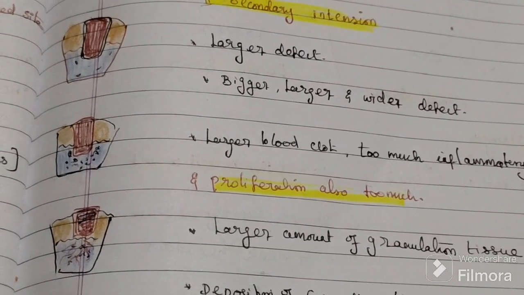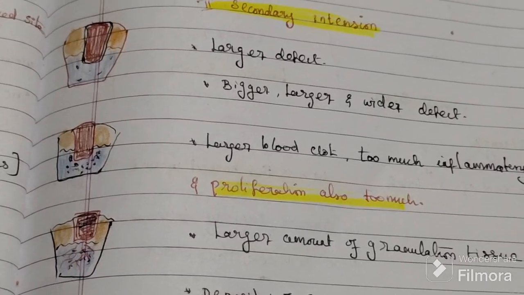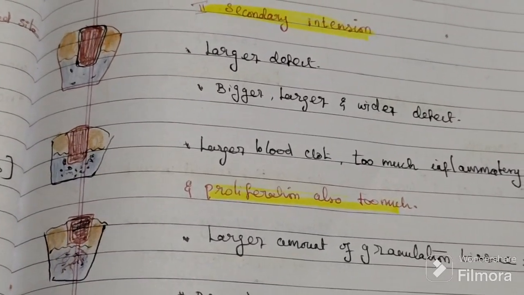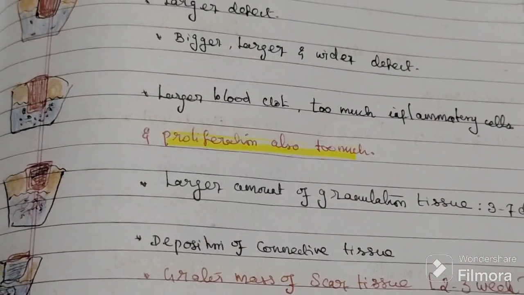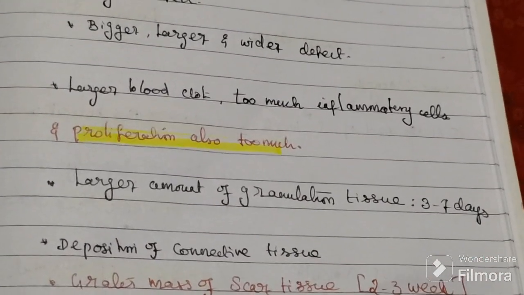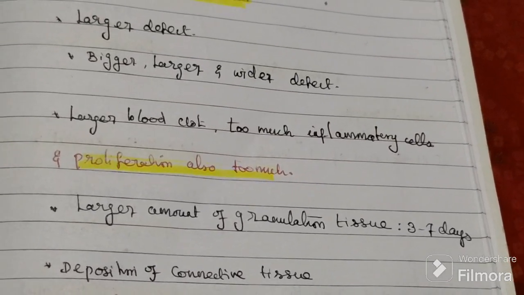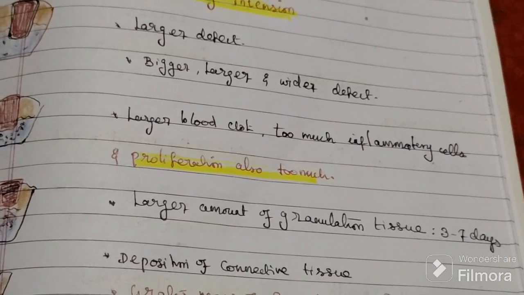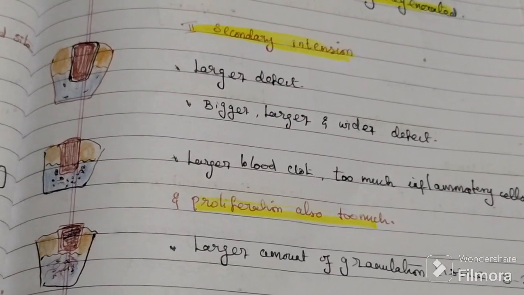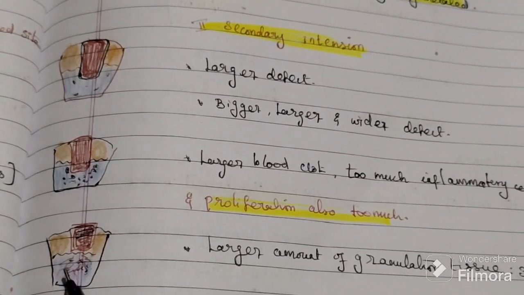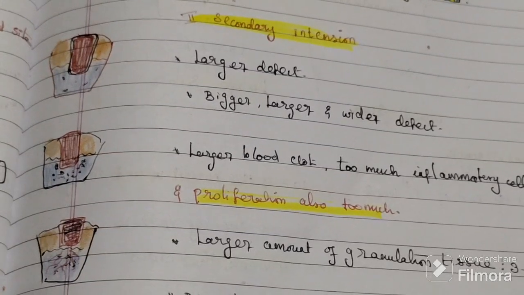So a large defect has larger granulation tissue, so a large amount of granulation tissue forms, and the same 3 to 7 days. If it is not infected, cell proliferation begins and you have a thick scar there.